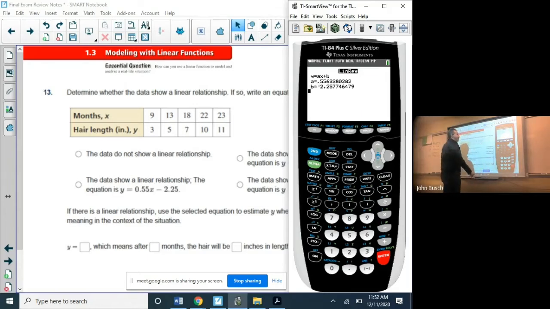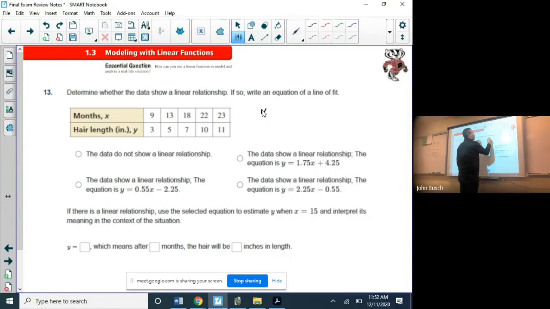Y equals 0.55, it's actually 0.56, x minus 2.76.